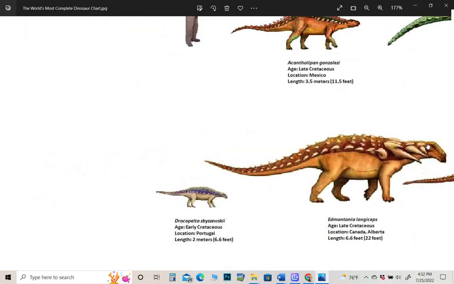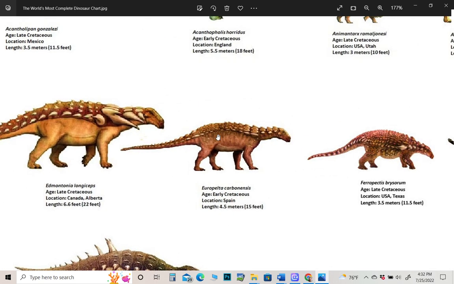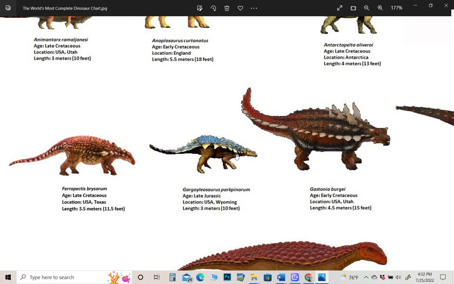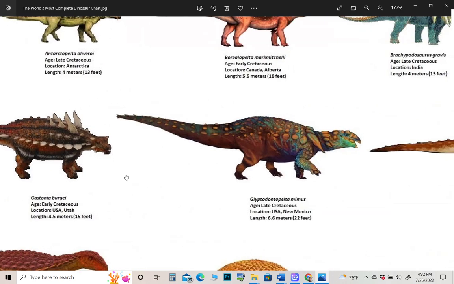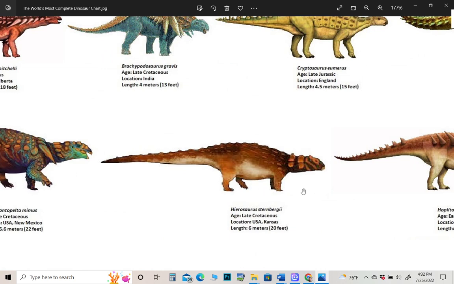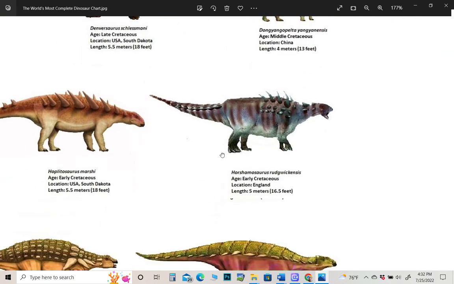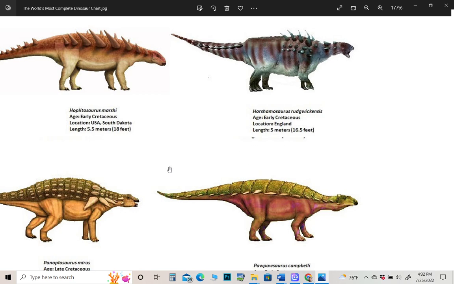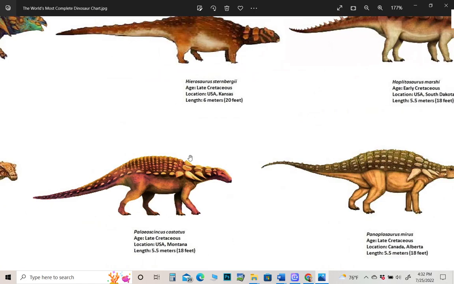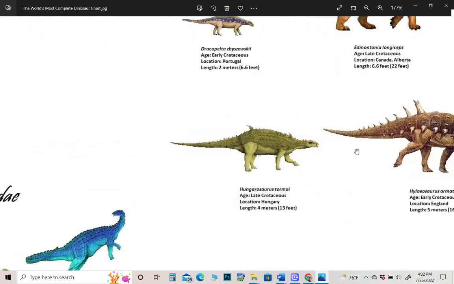And next line, Dracopelta, Edmontonia, Europelta, Pawpawsaurus, Gargoyleosaurus, Gastonia, Glyptodontopelta, Gyrosaurus, Hoplitosaurus, Horshamosaurus. I think there was another label underneath it that got erased at some point. Horshamosaurus. Okay.